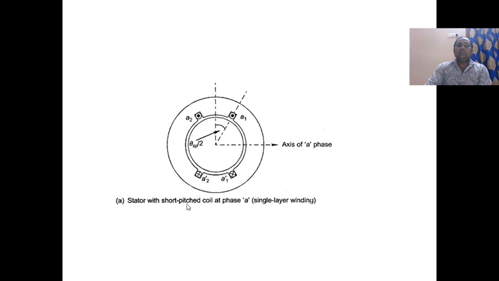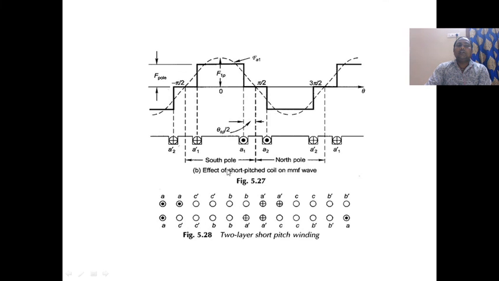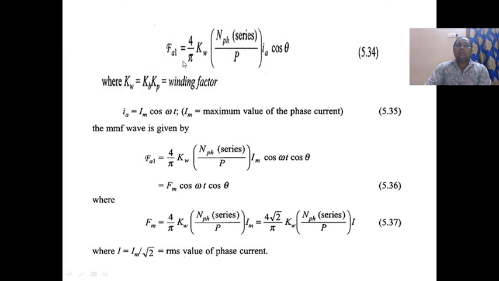This is a stator with a short pitched coil at phase A. 2-layer short pitched winding. How can we develop the 2-layer short pitched winding? Current entering, current leaving. So fundamental FA1 is equal to 4 by pi kW N phase IA cos theta by P. The winding factor kW is equal to kp into kb, that is the winding factor.